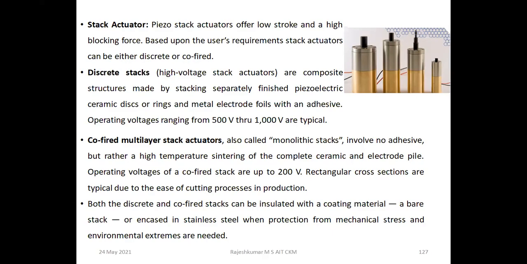Regarding the operating voltages, the co-fired stack has a voltage in the range of 200 volts. It has regular cross sections, which are typical due to the ease of the cutting process in production.